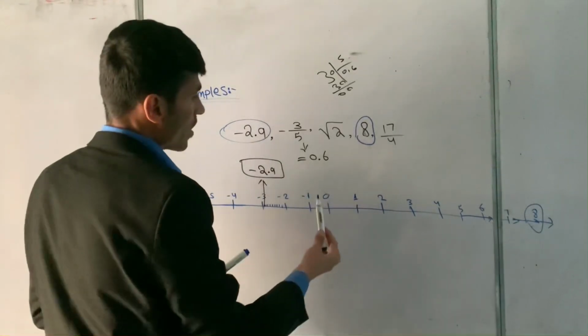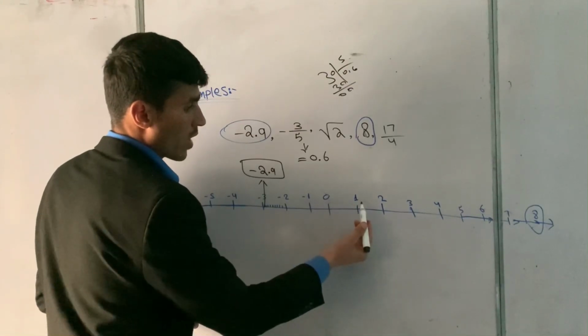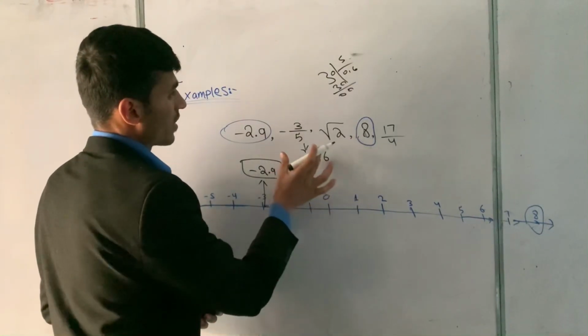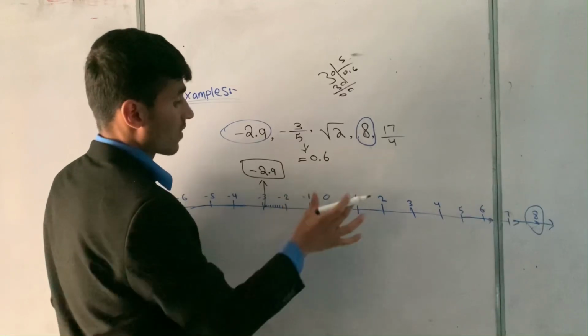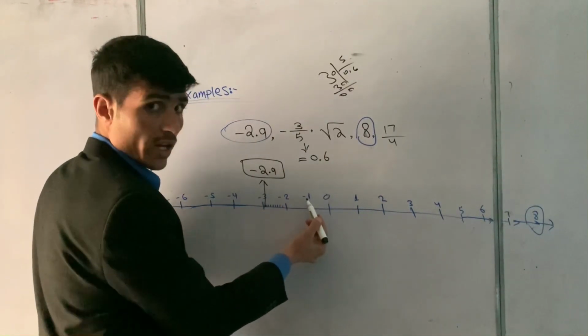How do you do it for 0.6? Divide this portion between 0 and 1. Is it positive or negative? This is negative. So here, between 0 and negative 1.